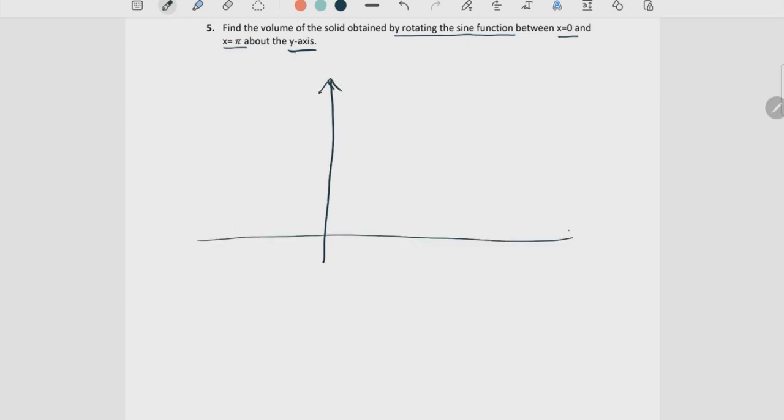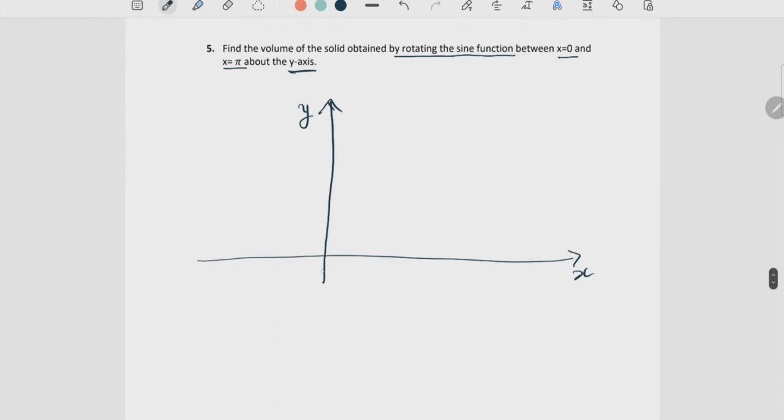We have our axis as such, here we have 0, and somewhere here we have pi. You guys know that the sine function is concave down between 0 and pi. So it would look something like that, and that is the function y equals sine x, and we are asked to rotate it about the x-axis.